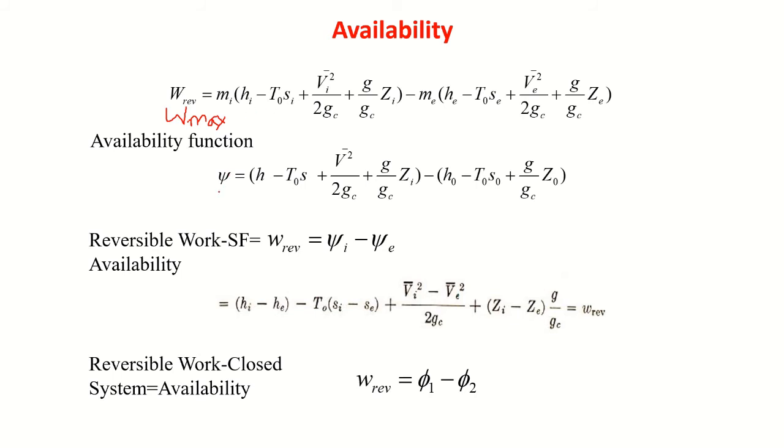In general, we'll define availability function: H minus T naught S plus V squared by 2 gc plus g by gc Z. Okay, this is dead condition, H naught minus T naught S naught. If there is a potential head, if this is not there, that can be made 0.